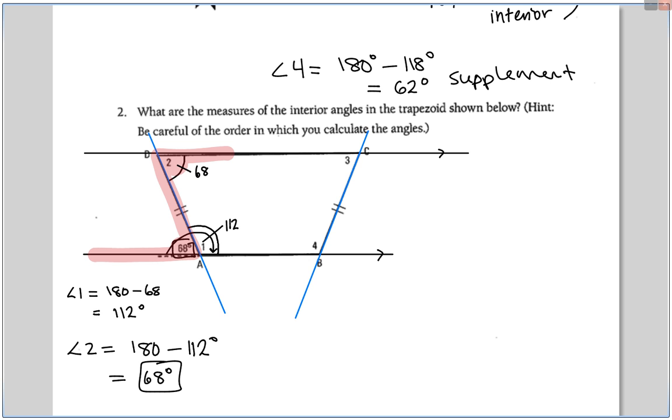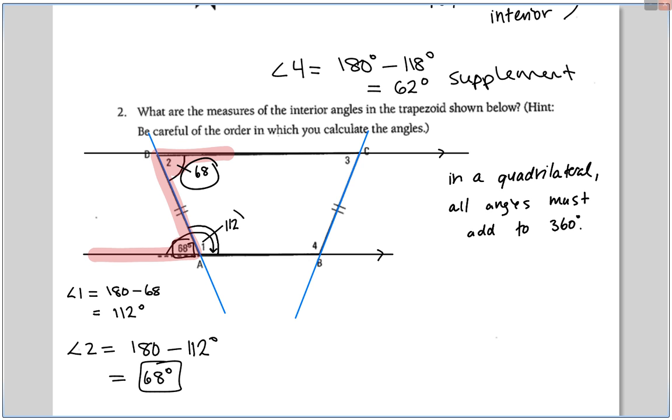What I'm thinking about is that in a quadrilateral, which is a four-sided figure, all angles must add to 360. And I know that 68 and 112 add up to 180. And I'm seeing a whole bunch of symmetry here, just sort of flipped, if you will.